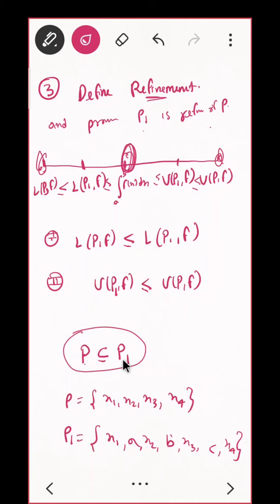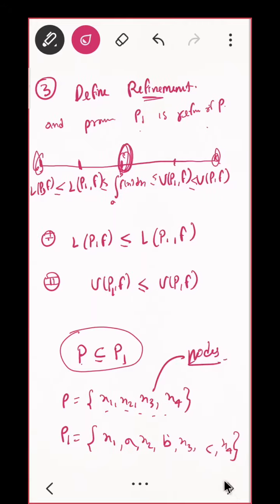Then we will say P1 is a refinement of P. That means we are adding some extra nodes to our P. Do you know these points are called nodes? Correct. So let me just draw it, and later on we can discuss.